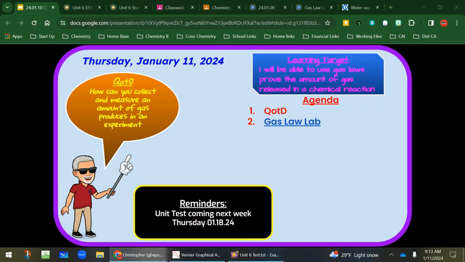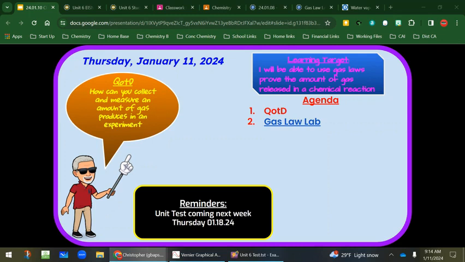Mass. Put it on a balance, find its mass. What's the problem with a gas? You can't do that. Why? You're absolutely correct, and you said it before. Where does the gas end up? In the room, in the air. Well, if we create a gas, we don't want it mixed in with all the other gases in the air.